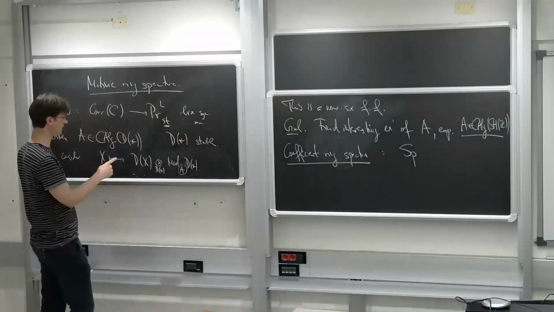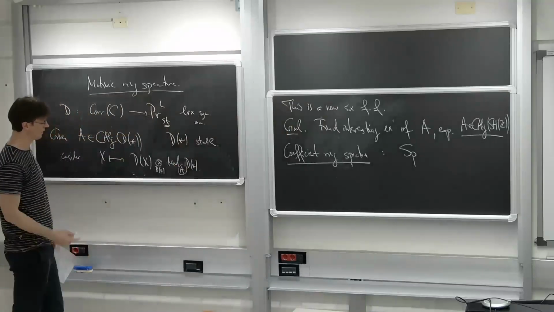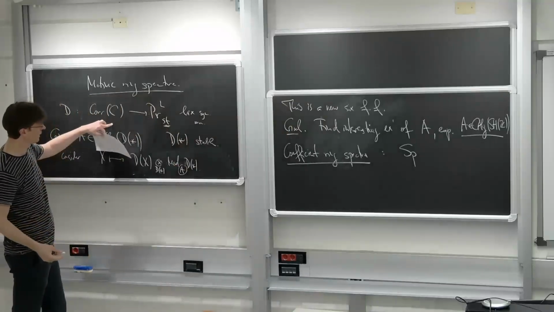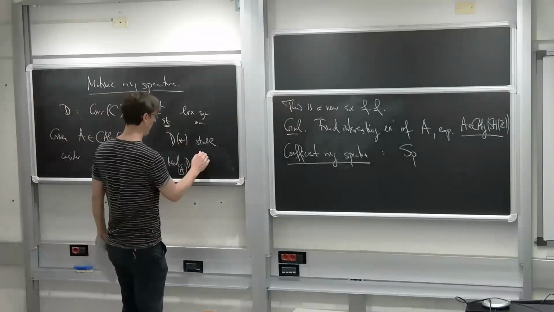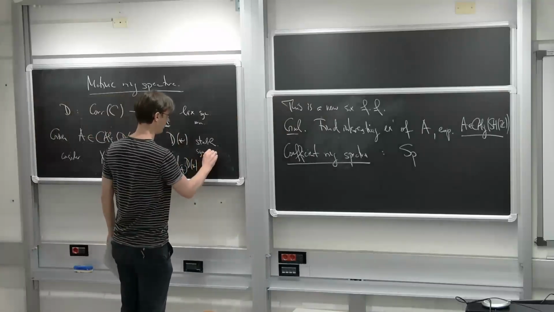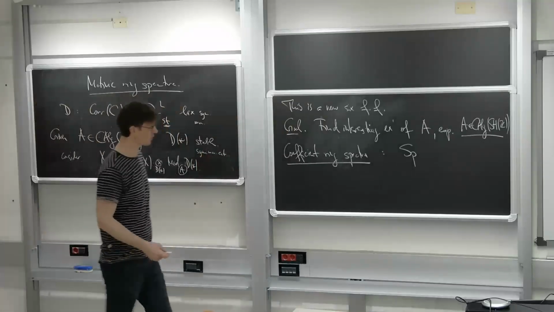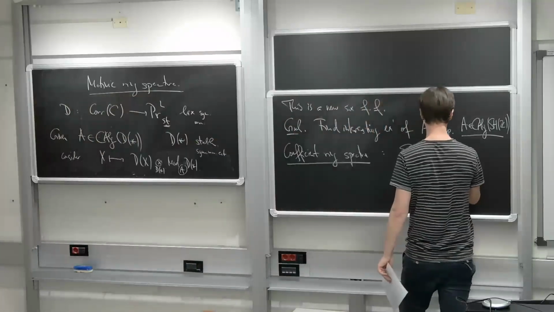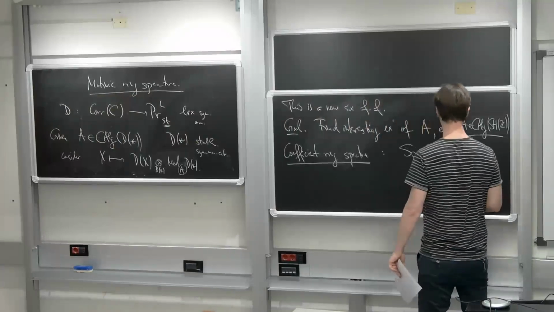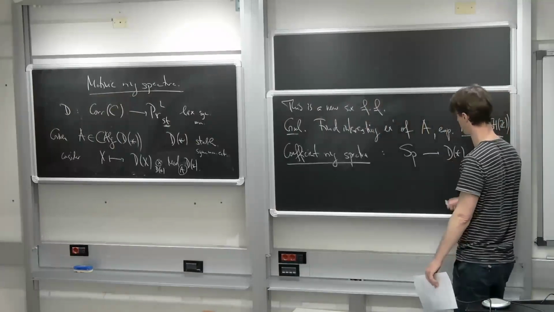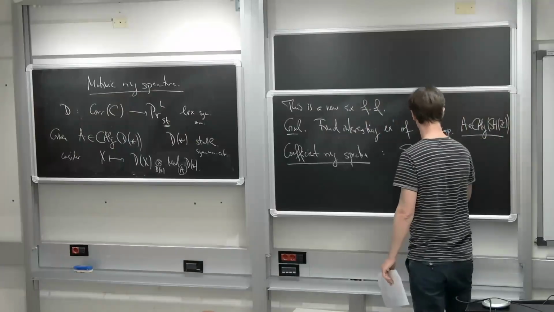And because the star is the monoidal unit in here, this is also a symmetric monoidal unit. And as such, it receives the functor from spectra, which sends the sphere spectrum to the monoidal unit there. So 1 maps to 1.